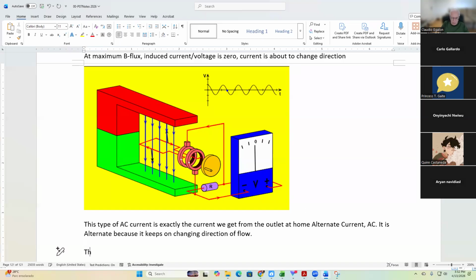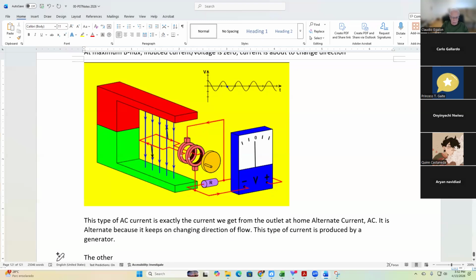This type of current is produced by a generator, right? The other current is the direct current, DC, produced by a battery.